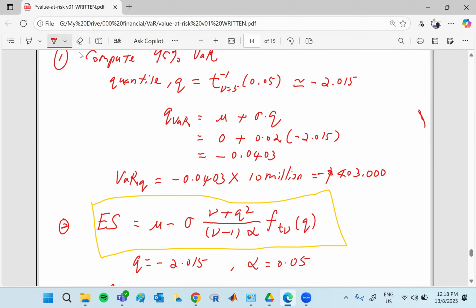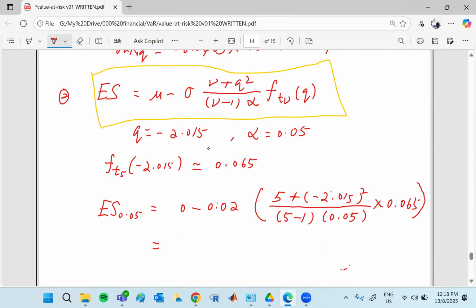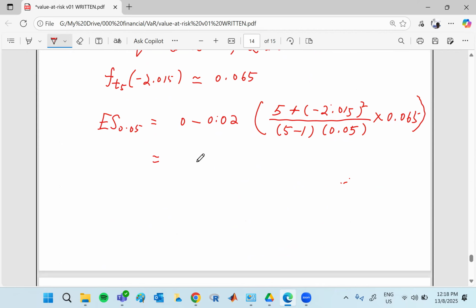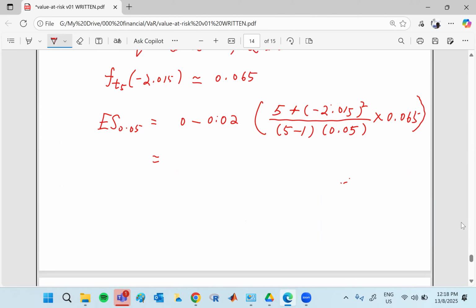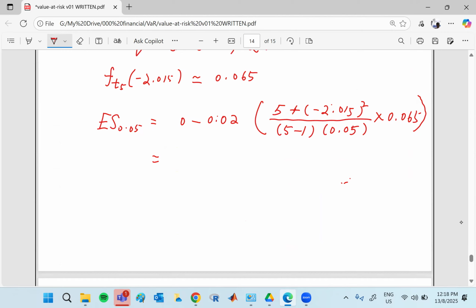This time I'm using this laptop to do the calculation. The value will be close to minus 0.02 times 2.94, so this will be close to minus 0.05.